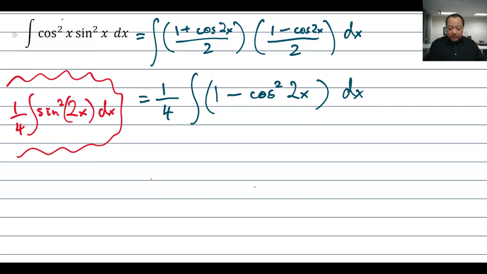So if we don't see that, what do I do with a cosine squared? I do the same thing. As long as there is a cosine squared or sine squared, I can use the double angle formula to simplify it. This part here is equal to 1 plus cosine of, well, double the angle now, so it's 4x divided by 2.